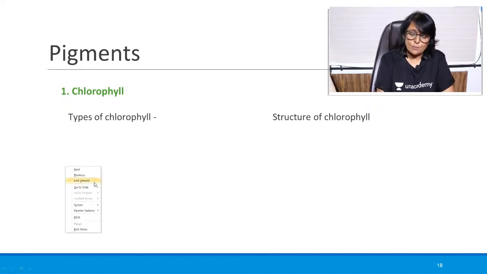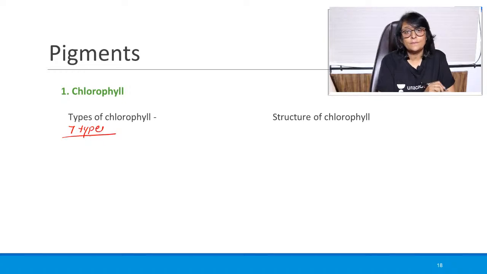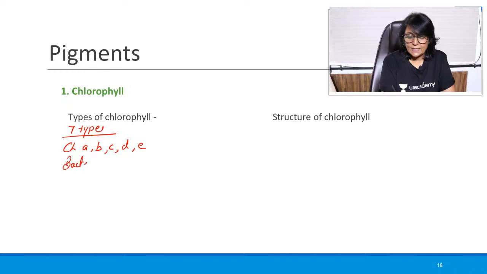So how many types of chlorophylls have you heard of? There are 7 types of chlorophyll, and they are written as chlorophyll A, chlorophyll B, chlorophyll C, chlorophyll D, chlorophyll E, bacteriochlorophyll, and bacterioviridin.